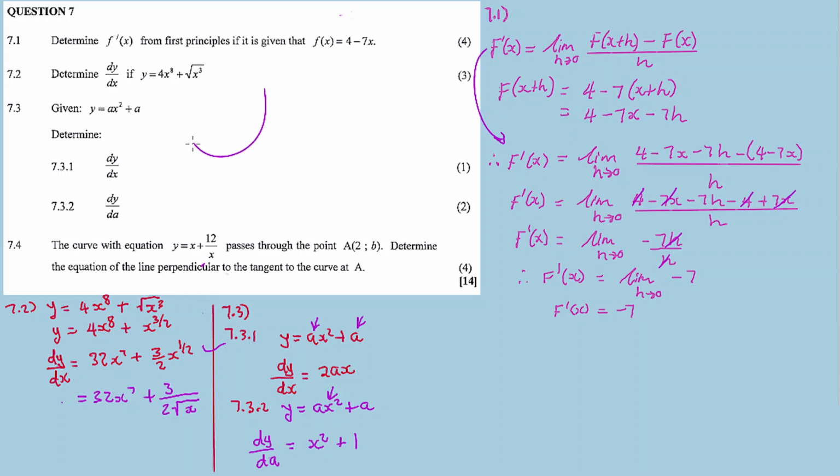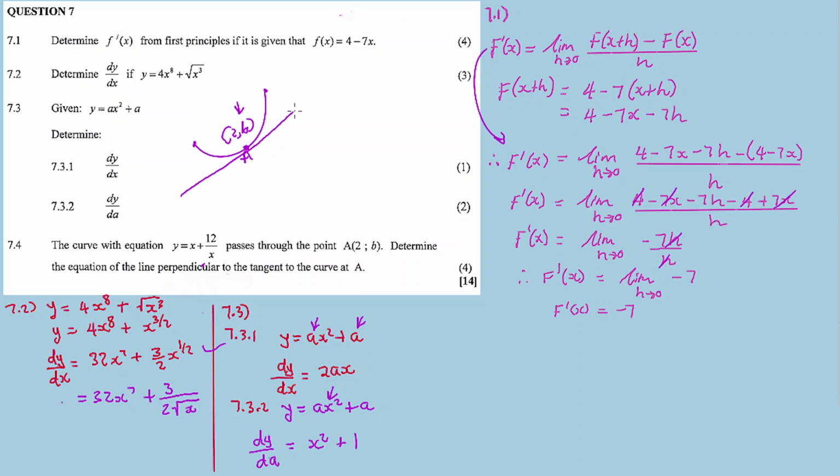Now, a curve, right? Here's a curve. I'm just drawing a random part of the curve in question. So this is the curve they are talking about. Here is point A, with x equal to 2 and y equal to B. By the way, we will need the value of B when finding the equation.